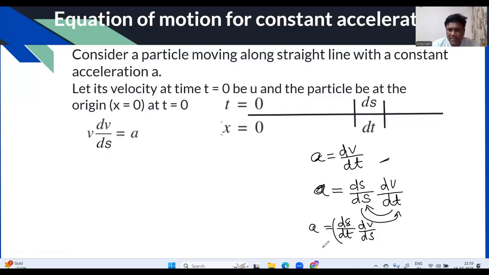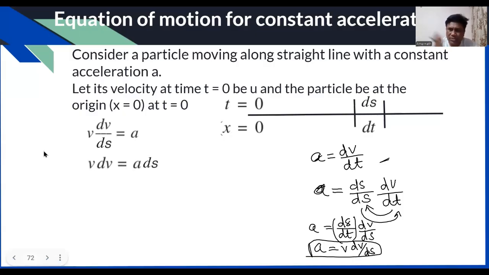That ds by dt is nothing but v only, times dv by ds. So that's the same thing I am writing here. So it means v dv ds equals a ds, crisscross. On the left side I have only velocity, and on the right side I have only displacement. Again, I integrate it, and because a is constant, it will come out of the integration.